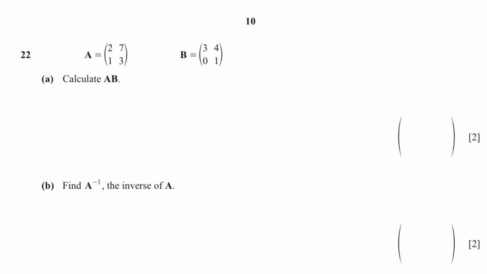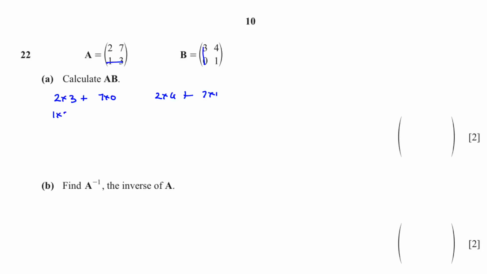Question 22 is a matrix question. Calculate AB. So for doing that, we multiply this row by this column first and then this row with this column. So 2 multiplied by 3 plus 7 multiplied by 0, and then we will use 2 multiplied by 4 plus 7 multiplied by 1, and now we will start with the down row. 1, 3 and 3, 0.